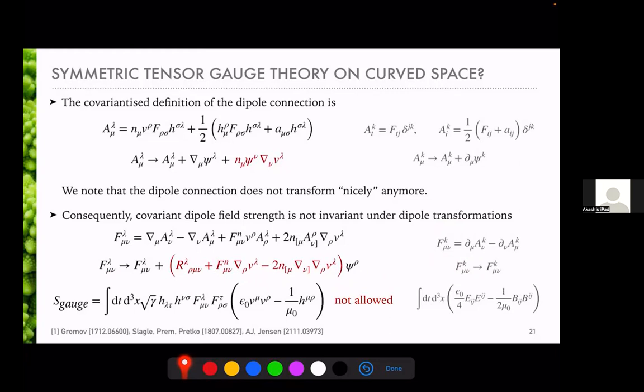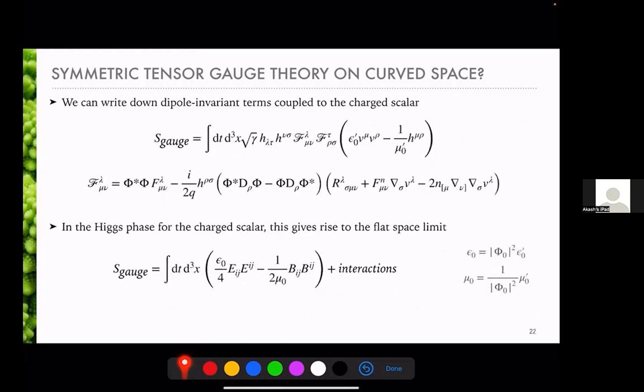What you end up finding is that a natural generalization of the symmetric tensor gauge theory that I had before is no longer gauge invariant. In other words, if you take this free electromagnetism generalization of dipole symmetric gauge fields, then such a theory cannot be consistently coupled to curved space. What you can do, as an aside, is couple this theory to some matter fields.